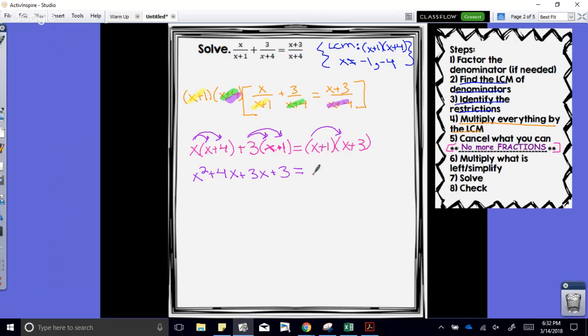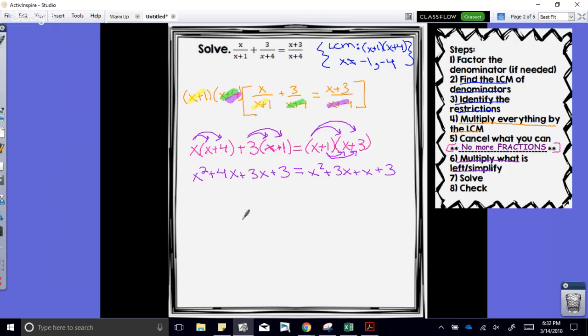So I've got x times x, which is x to the second, x times 3, which is 3x, 1 times x, which is just positive x, and then lastly 1 times 3, which is a plus 3.